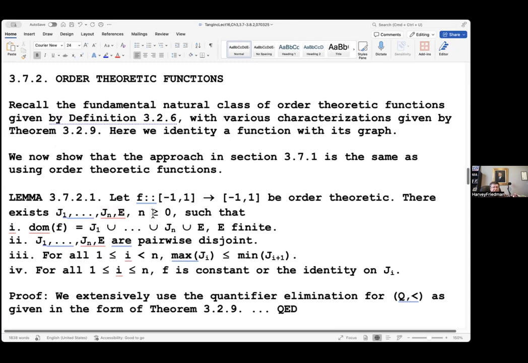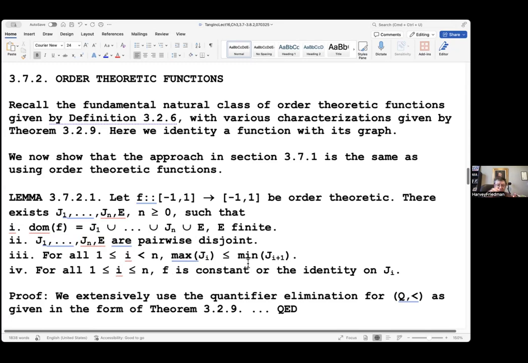Then I claim that there are intervals J1 through Jn and a finite set E such that the domain of the function is J1 through Jn union E. J1 through Jn and E are pairwise disjoint. For all i between 1 and n, non-inclusive, the maximum of Ji is less than or equal to the minimum of Ji+1.